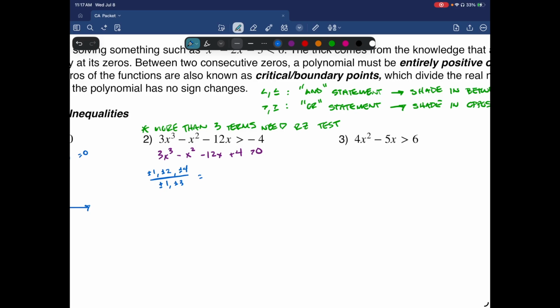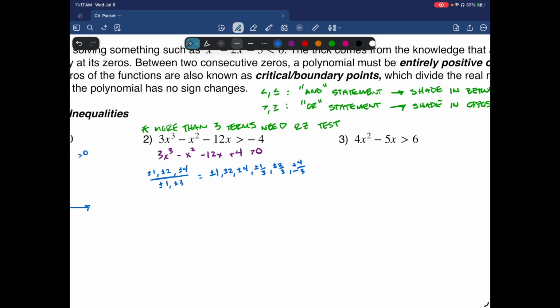That's going to give me plus or minus 1, plus or minus 2, plus or minus 4, and then everything over 3, so plus or minus 1/3, plus or minus 2/3, plus or minus 4/3.